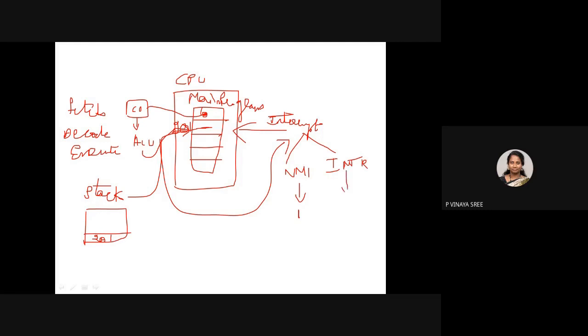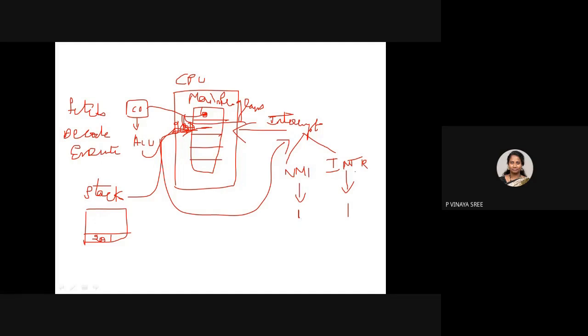Whereas for INTR, if this is high, it depends upon whether it provides a service or completes the next instruction. It depends upon what type of interrupt is provided to the processor. If it is NMI, it stops its next instruction fetch, decode, execution, goes to that interrupt and provides the service.